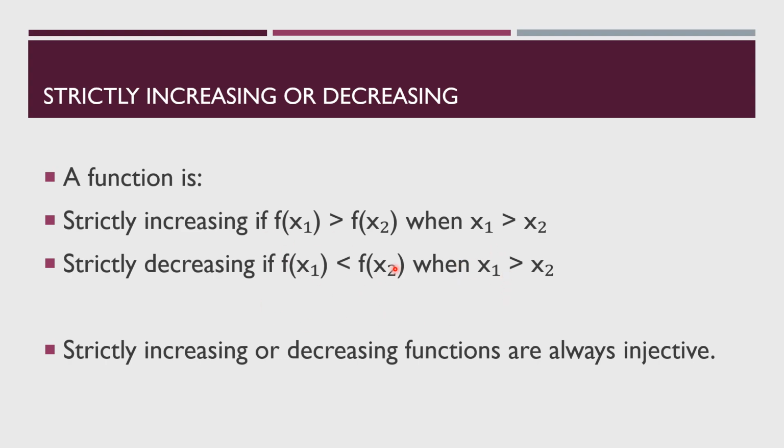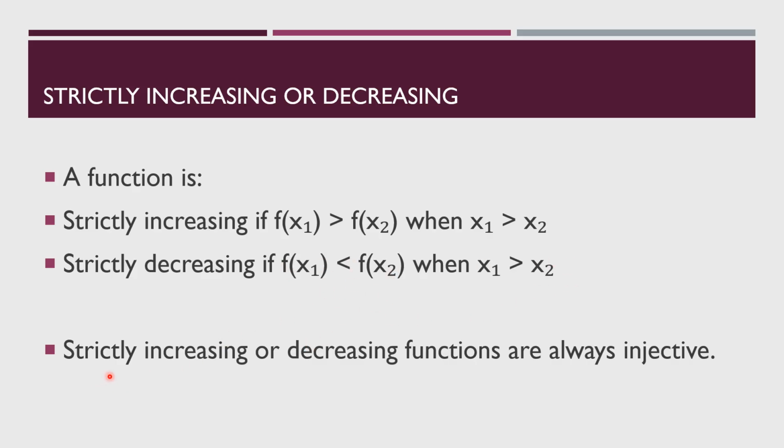we are going to realize that their respective images will be in this kind of relation, where the image for x1 will be less than the image for x2. Anytime you see a situation like that, it means that the function is strictly decreasing. So here x1, which is greater than x2, produces an image which is less than the image produced by x2.